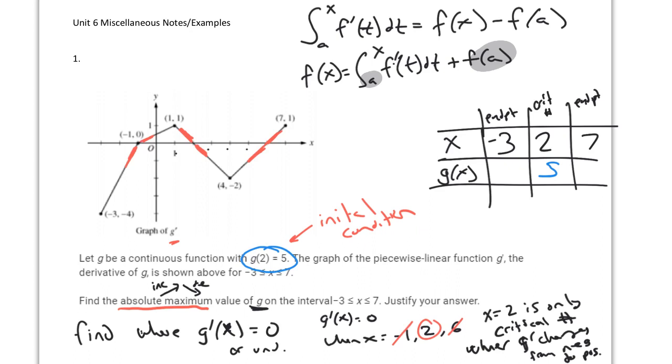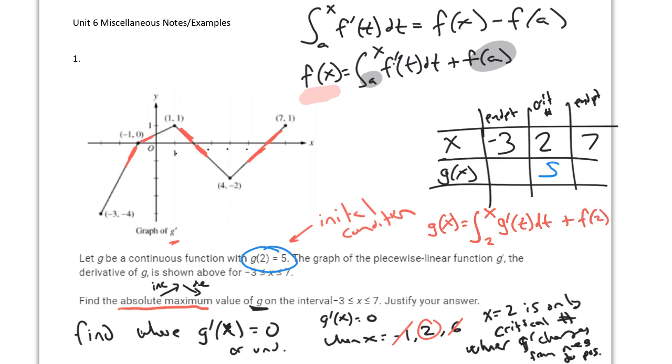So how does that work here? Well, I can write a function for g of x then. This is saying I can write a function for the original function if I have the derivative here. So g of x is going to equal the integral from a, well, a is going to be the x value I know, 2, to x of g prime of t, I can't use x again, so we just switch it to t, dt plus g of 2.